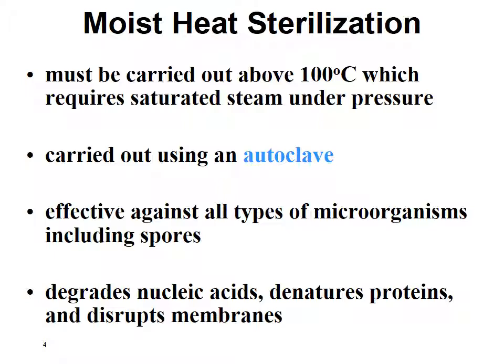In order to destroy endospores, moist heat sterilisation has to be carried out at temperatures above 100 degrees Celsius, and this requires the use of saturated steam under pressure. Steam sterilisation is carried out using an autoclave, which is just a device much like a large pressure cooker. The development of the autoclave by Chamberland in 1884 tremendously stimulated the growth of microbiology.